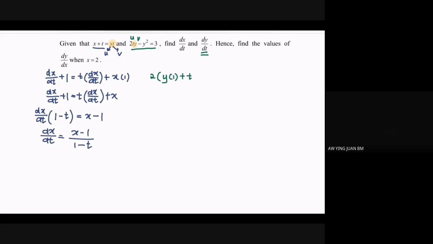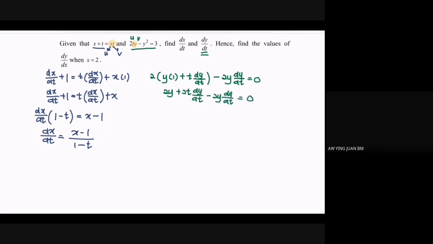If we differentiate the y, we will have dy/dt, minus 2y dy/dt equals to 0 because it's a constant. Expand the situation and then simplify. So we will have 2y plus 2t dy/dt minus 2y dy/dt equals to 0.